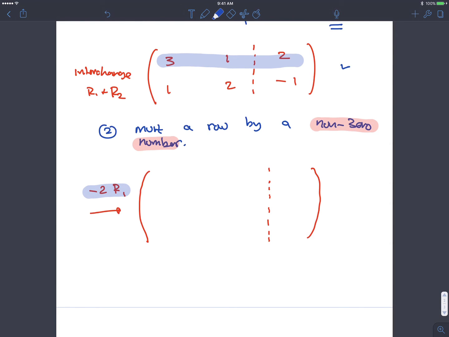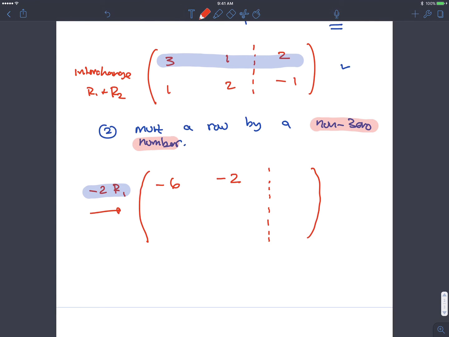When I multiply a number to a row, if it's row 1 or row 2, it doesn't matter. Every entry is going to change by that multiple. So the first entry is a 3. -2 times +3 gives me a -6. -2 times a +1 gives me a -2.